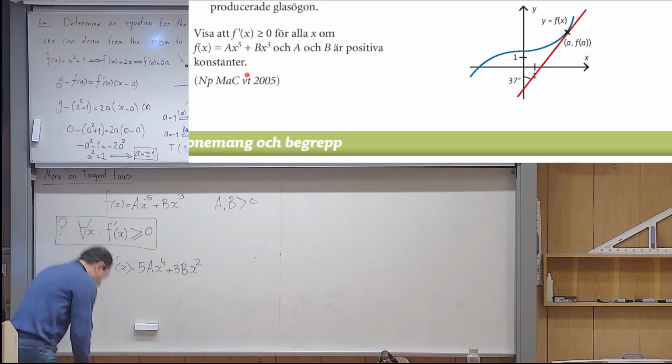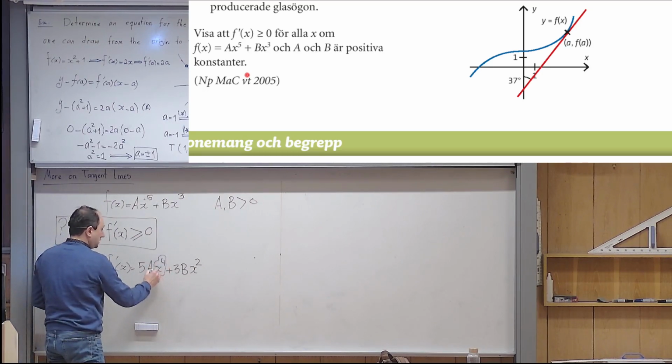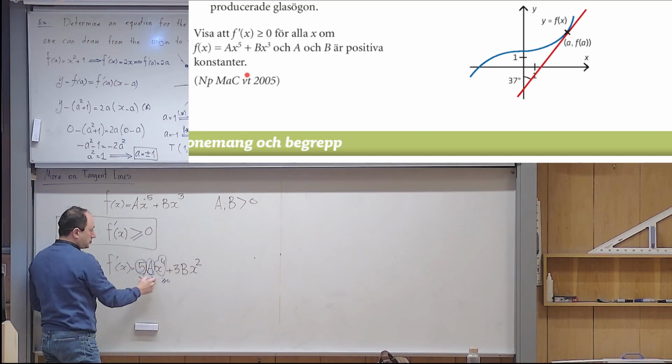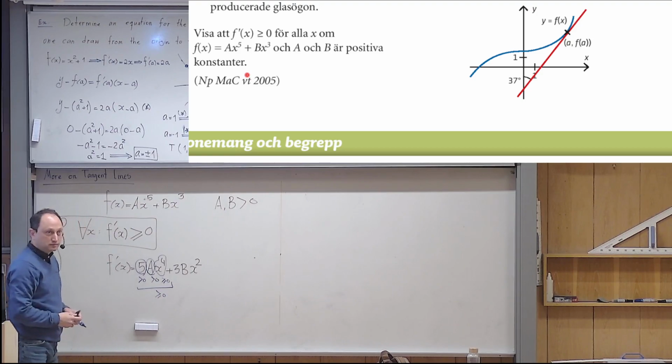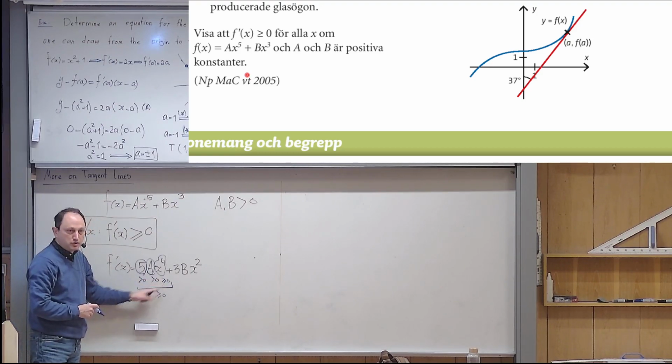Because x to the power of 4 is greater than or equal to 0. Why? Because the power is even. This is also mentioned to be positive. So this product is at least 0. In some special case, it might be 0.